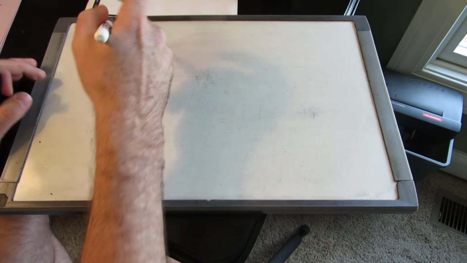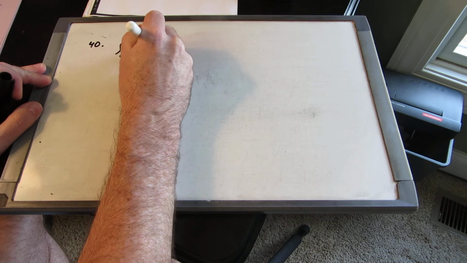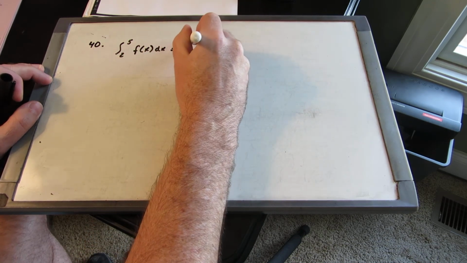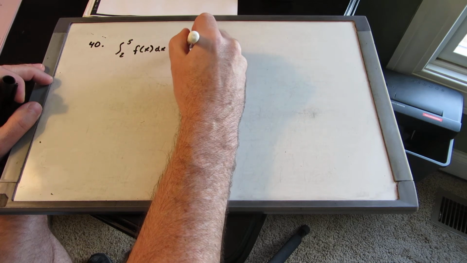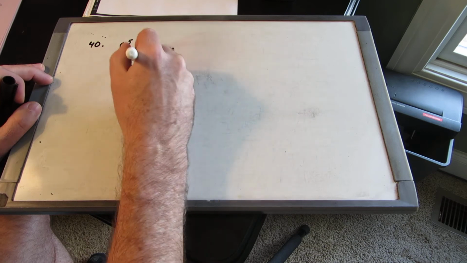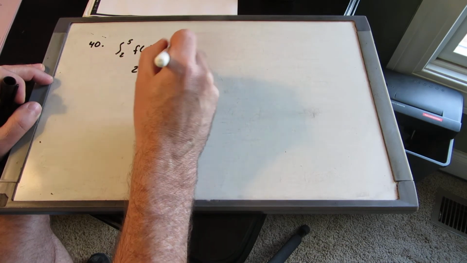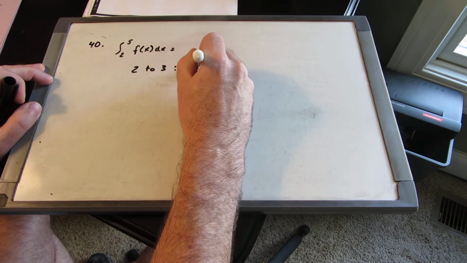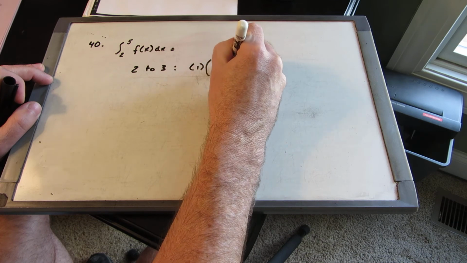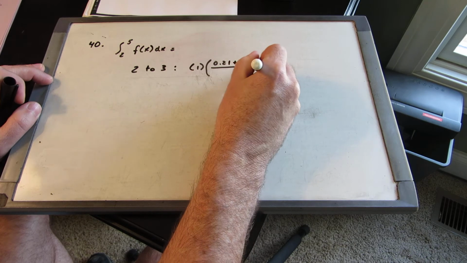So if we estimate the integral from 2 to 5 of f of x dx, our first trapezoid is from 2 to 3 for x. The base is 1, and then the height is the average height, 0.21 plus 0.28 over 2.